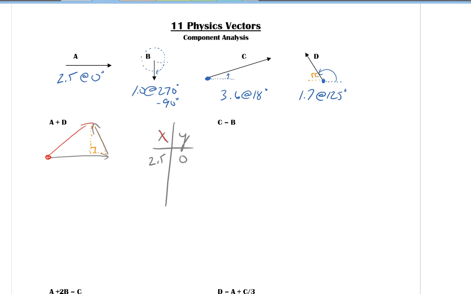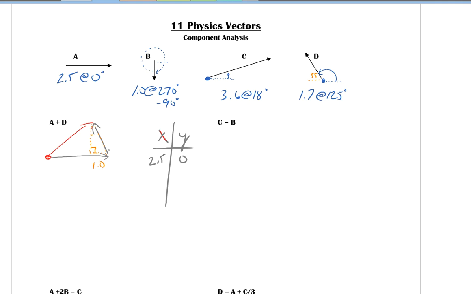All right, so what I'm going to do is 1.7 cos 55, and then 1.7 sine 55 and get my x and y components. So if I do 1.7 cos 55, this little side part here, rounding off a little bit, is about 1.0.